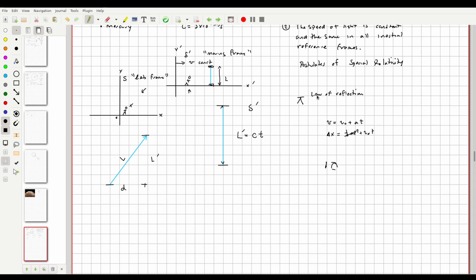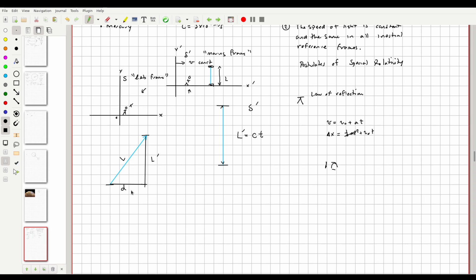Now, the law of reflection says that this bounce here is not an arc, but a sharp cut, which means that what we have here is a right triangle. The sides of this triangle are L, which is the distance between the mirrors, and also L prime, the path that the person who's moving says that light takes.